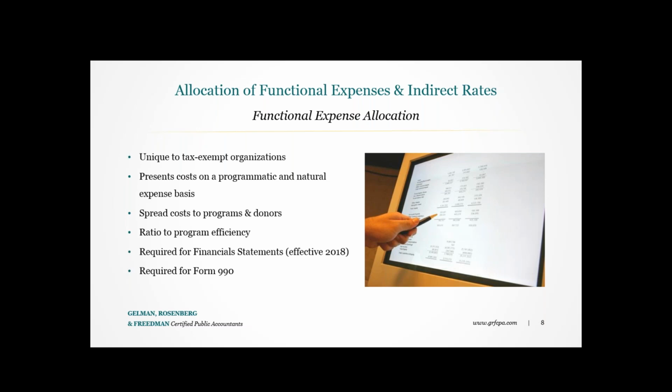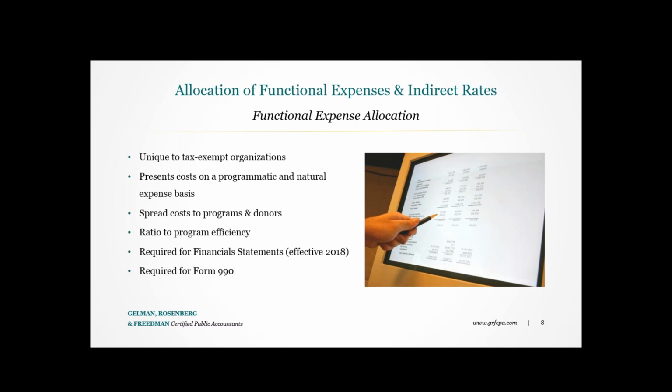And so the allocation plan or process is what occurs when we spread the costs across these programs versus supporting services. And so this statement or this process has always been a best practice within the nonprofit industry.